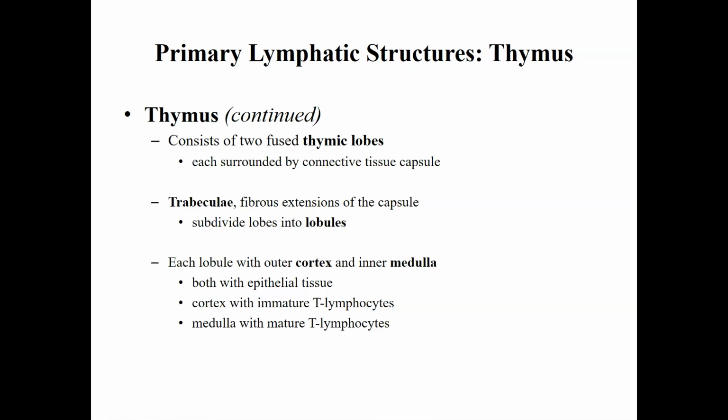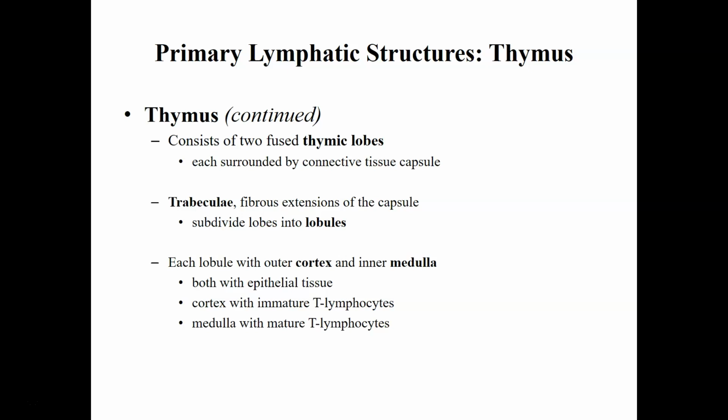What happens is the bloodstream brings in immature T cells that originated in the bone marrow, and these are delivered to the outer surface of the lobules, called the cortex. The cortex has immature T cells, which undergo the process of maturation. As they do so, they move to the middle of the lobule, called the medulla.